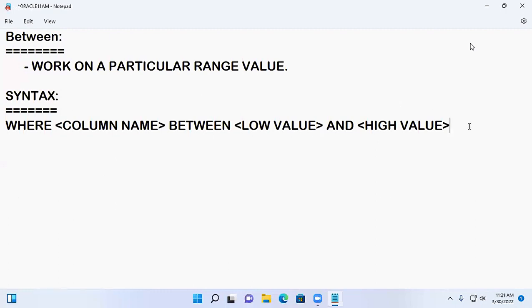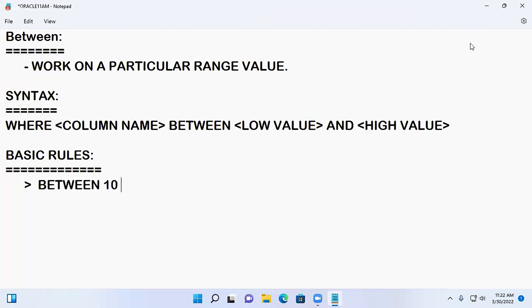Now carefully observe a few things on the BETWEEN operator. These are the basic rules when you are working with it. For example, suppose I apply the BETWEEN operator on the range 10 to 20.